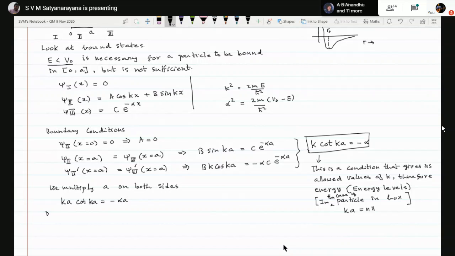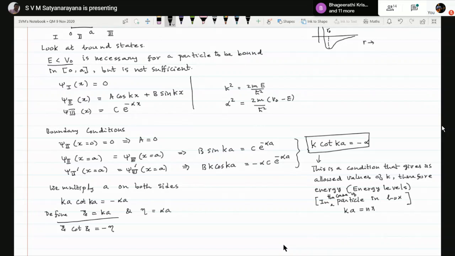And now you define some xi is equal to Ka and some eta is equal to alpha A. So I have xi cot xi is equal to minus eta.